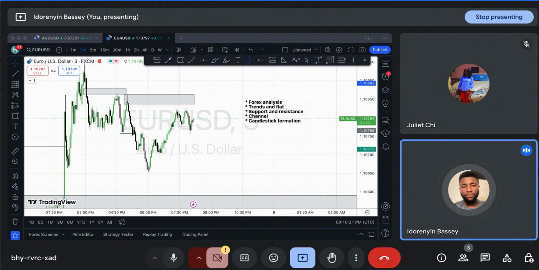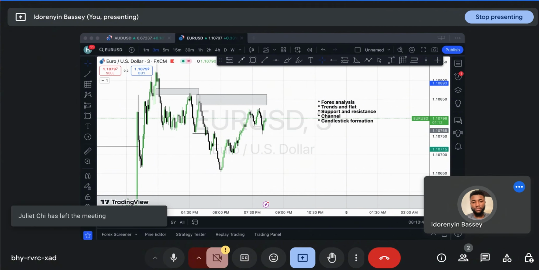Number one on this list is economic indicators. Data like GDP, inflation rate, employment figures, and consumer confidence can provide insights into a country's economic health. Number two on this list is interest rates.